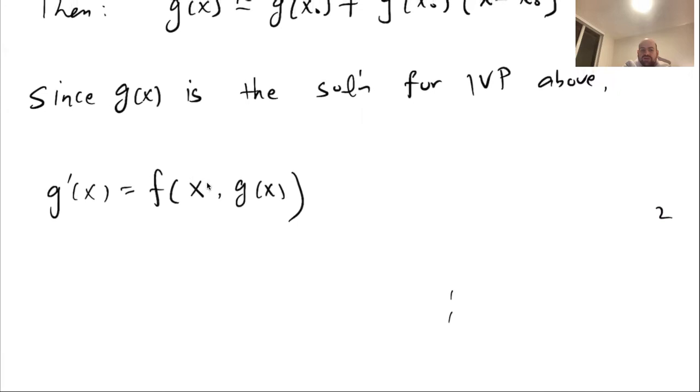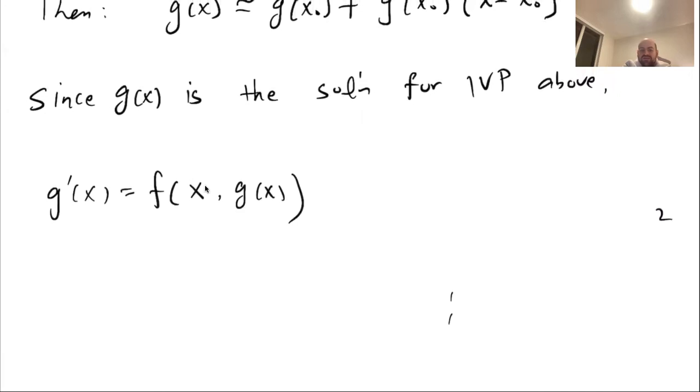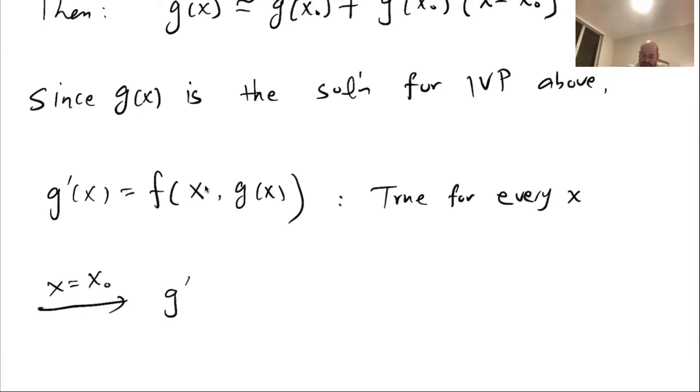This equation holds for every x. So if I replace x with x naught, then I'll get g prime of x naught equals f of x naught and g of x naught.